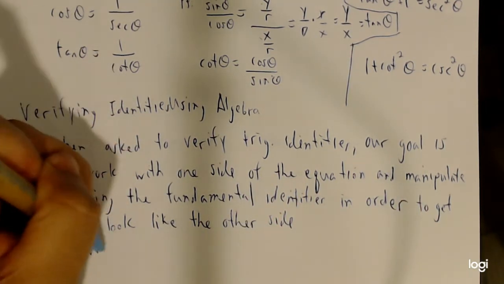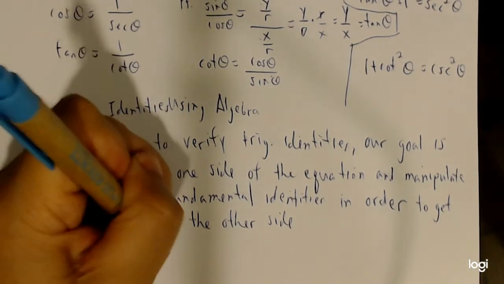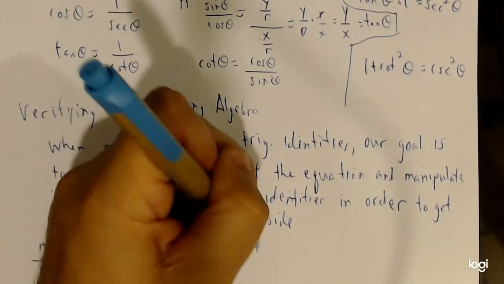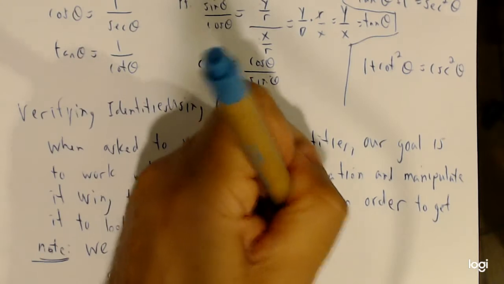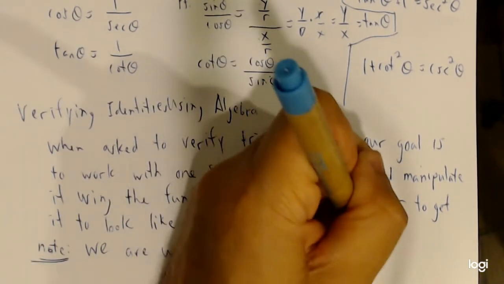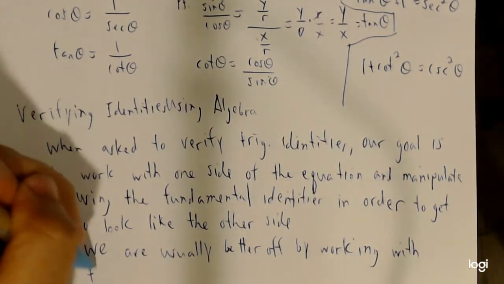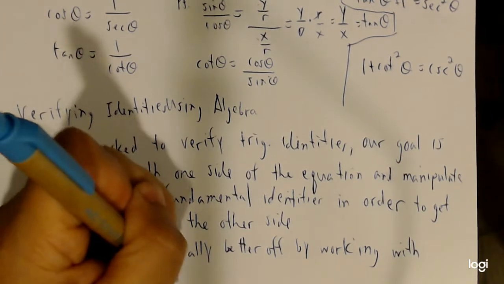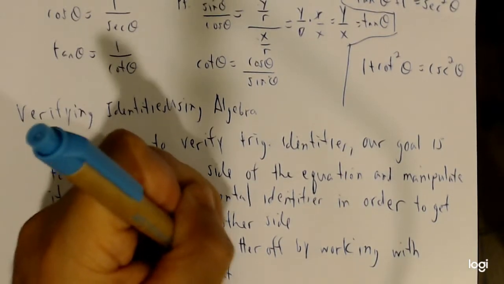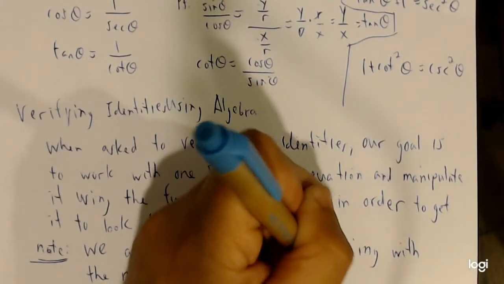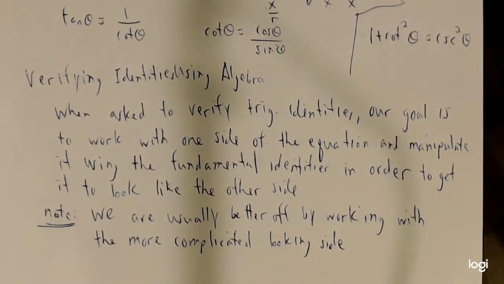The comment I'll make here is that we are usually better off working with the more complicated looking side. So when you start off with your equation, ask yourself, what's the more complicated looking side? And that's the side we want to work with.